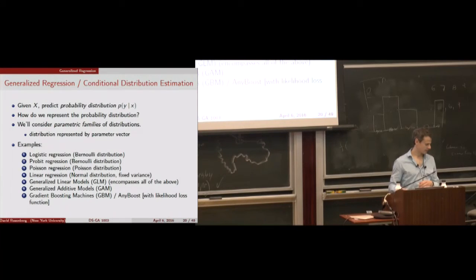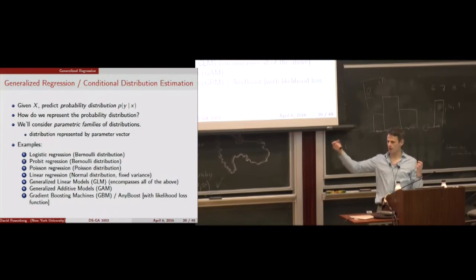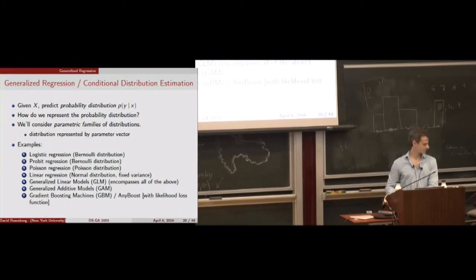What's the big picture here? We have some input, and we're producing an element of a distribution from a parametric family of distributions. That's the common theme of all these things. The first 5 are all linear in a particular sense, and the last 2 are nonlinear.